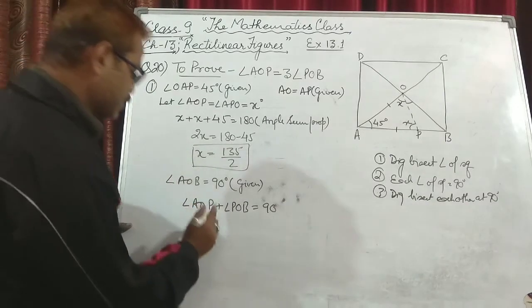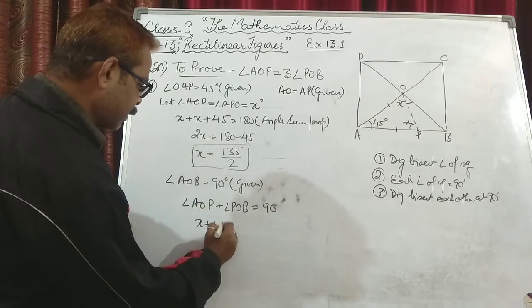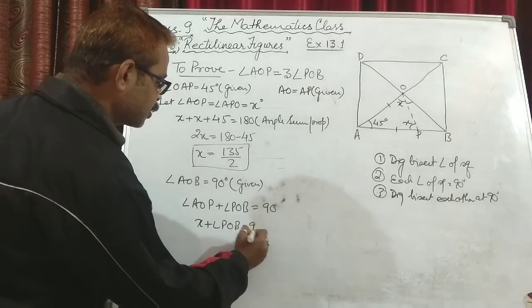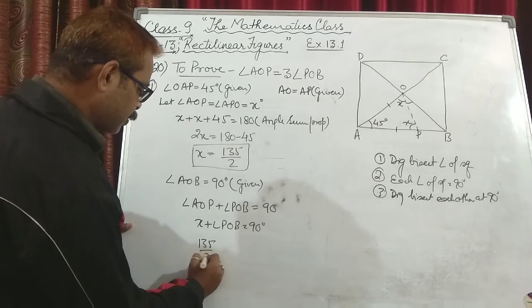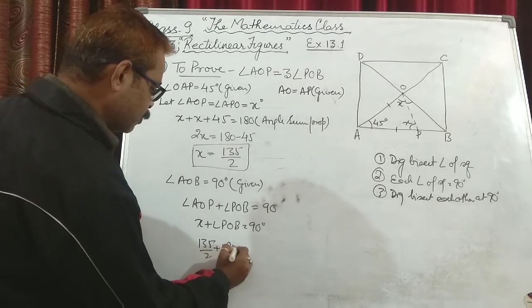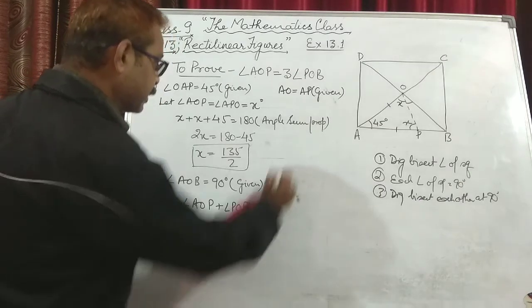AOP was x, so x plus angle POB is equal to 90 degrees. x was 135 upon 2. So 135 upon 2 plus angle POB is equal to 90 degrees.